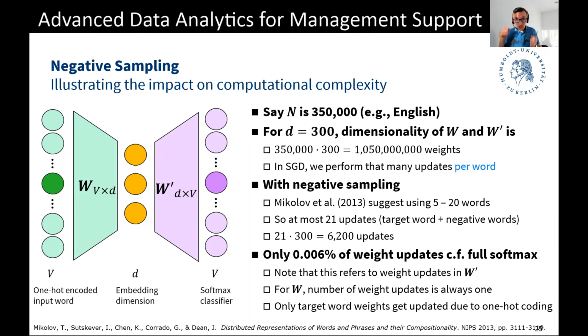And in addition, the embeddings of our k, from 5 to 20, negative examples will get updated for the same reason. And these negative examples, these words, are also one-hot encoded, right? And they will get updated, but the other weights we do not change using negative sampling, and this is how we obtain this major speed up.